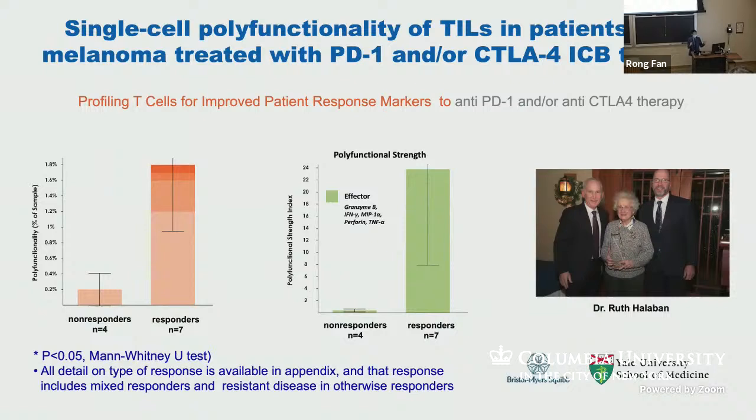However, we observe exactly the same trends for polyfunctional T cell responses. As long as you have those T cells in the tumor and you give immune checkpoint inhibitor therapy, those patients are going to respond extremely well. If you don't have high quality T cells in the tumor, even though you give them immunotherapy drugs, they still cannot respond.